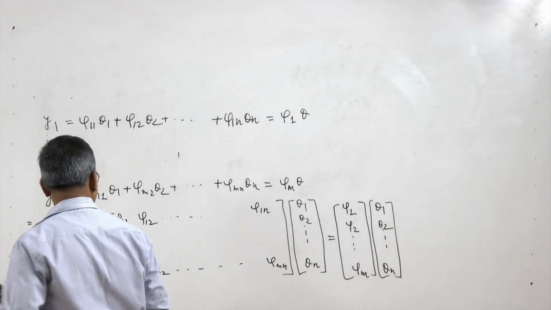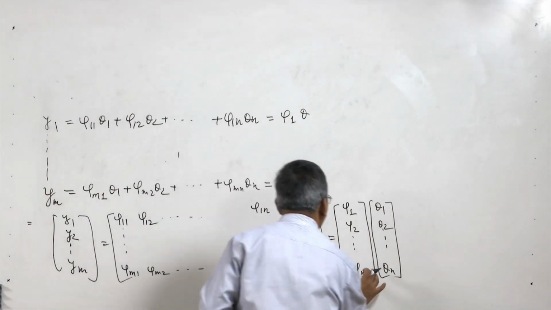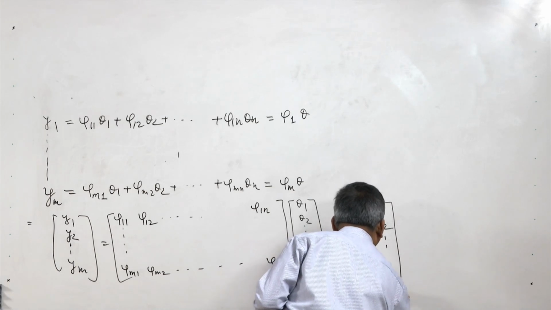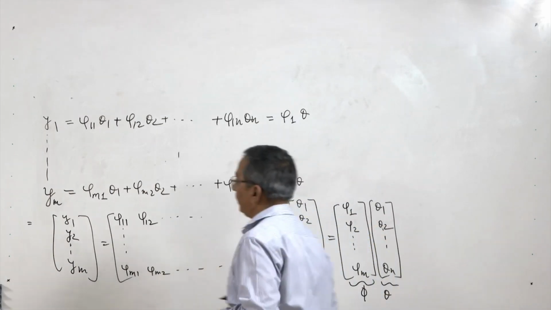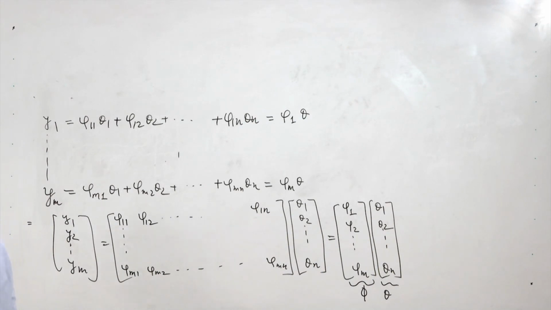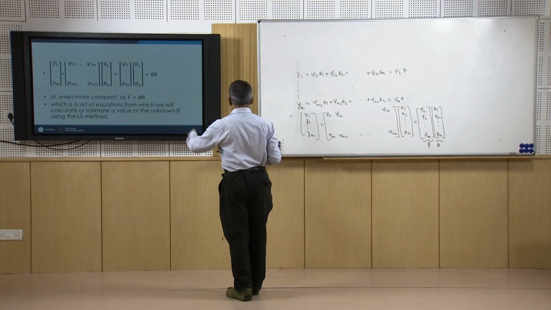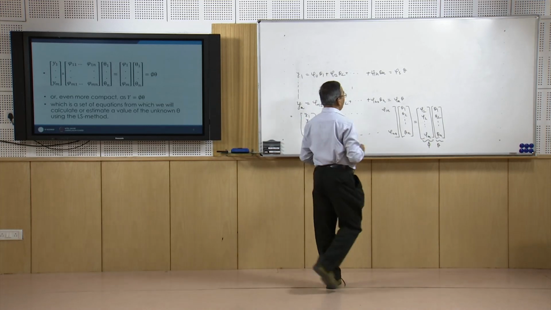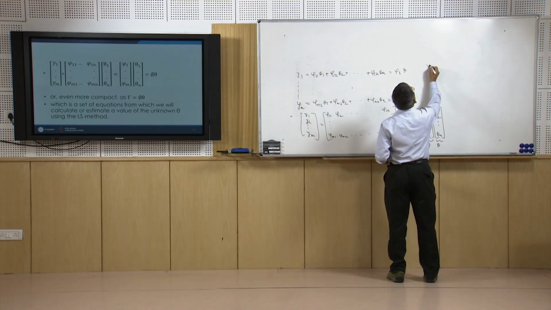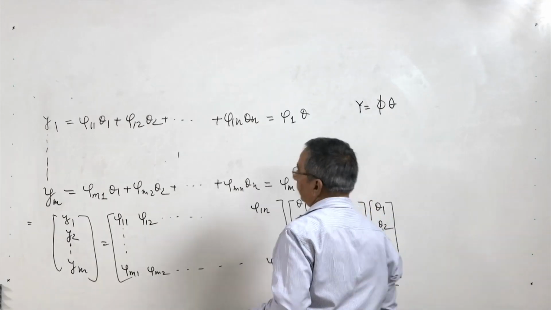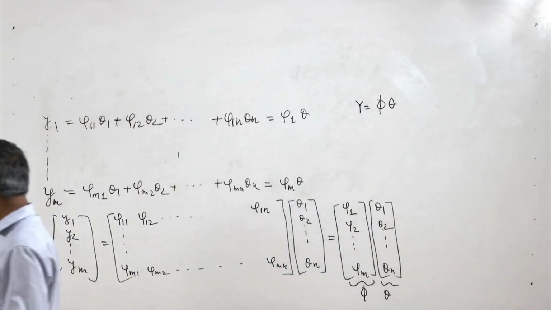Okay. So, this component I am writing in short as phi, and this as theta. Okay. So, this can be written in a very compact form as y is equal to phi theta, phi into theta.